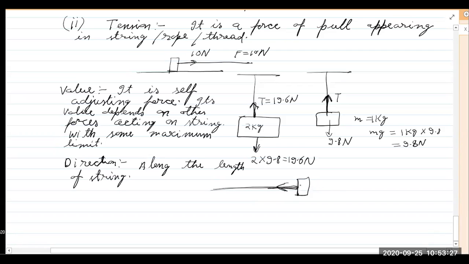Pulling force means on whichever object it is applied, it is always away from the object. You can see, if you look at this object, the force is away from the object. Here also you can see the tension is upward. The object is here, so the force is away from the object.